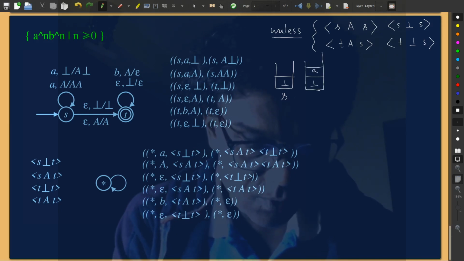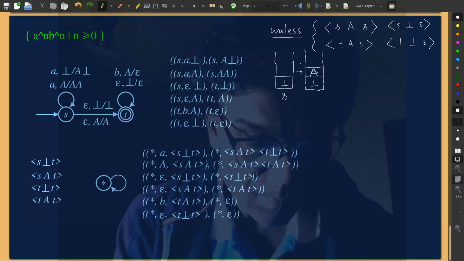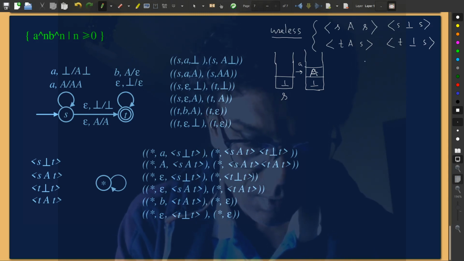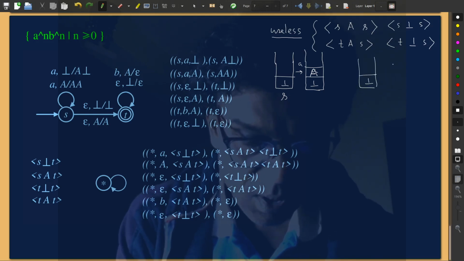This is capital A after consuming one a. Then eventually I have to get rid of this A. I have to get rid of this also. So at some point of time, this must be like this, and after that, this must be like this.